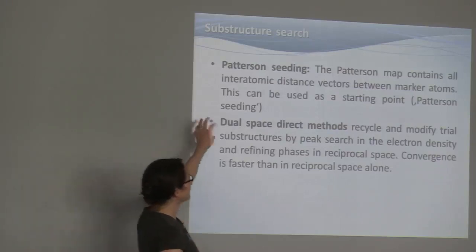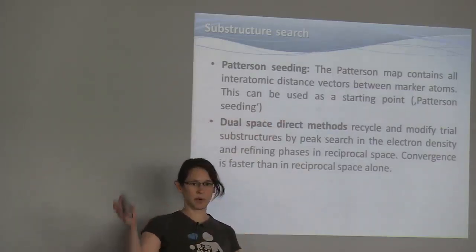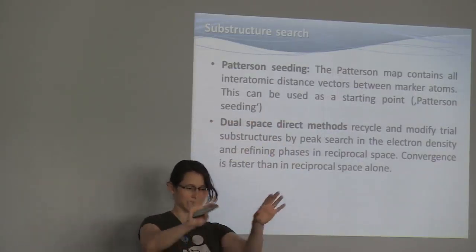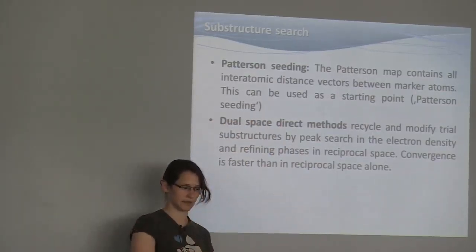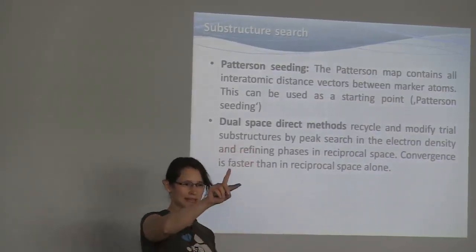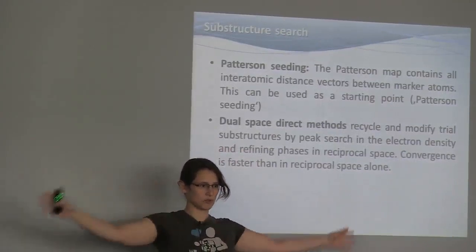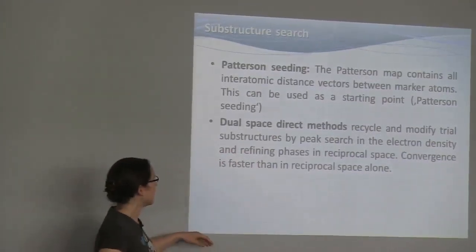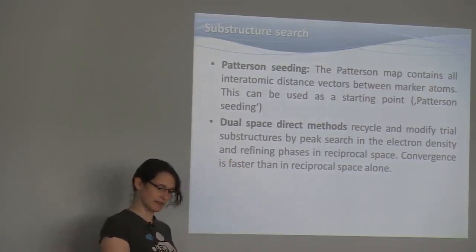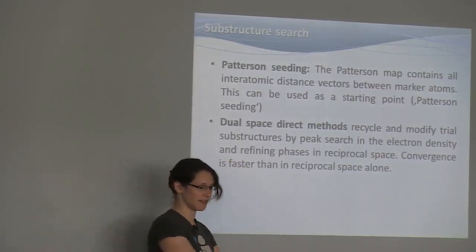We use Patterson seeding, which gives us a starting point, certain conditions for the starting phases for certain reflections. And then we use dual-space direct methods to expand the phases we knew for a few reflections to all of the reflections. And we then go back to real space where we change things a little, which leads to a much faster convergence.